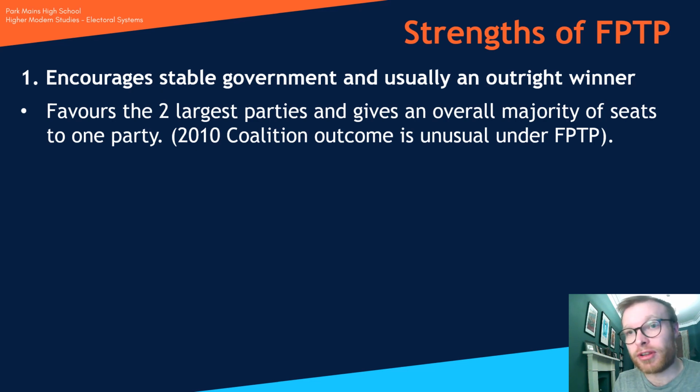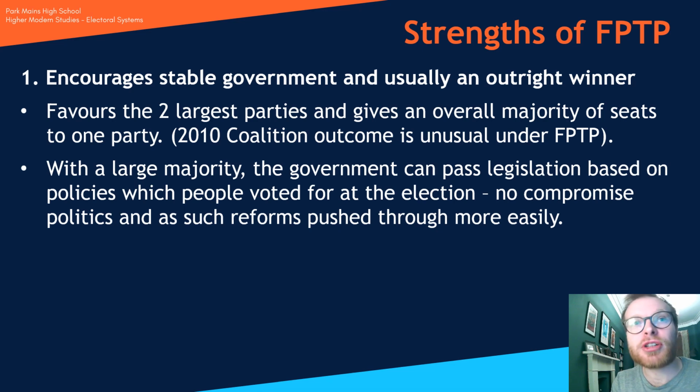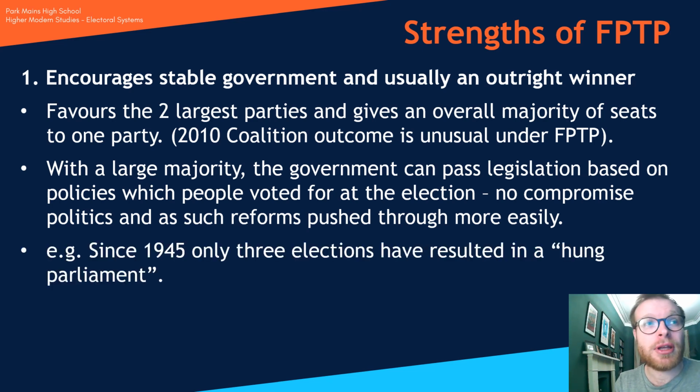So over the decades, it's gone between Labour and the Conservatives, Labour and the Conservatives. There hasn't been a Prime Minister in a very, very long time who hasn't come from one of those political parties. With a large majority, the government can pass legislation based on the policies that people voted for. So if people knew what they were voting for, they know what they're going to then get.